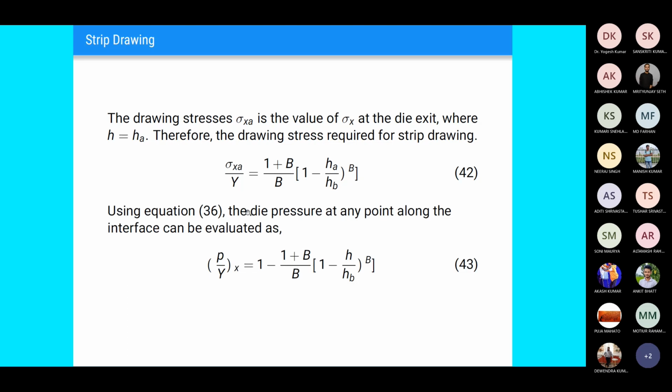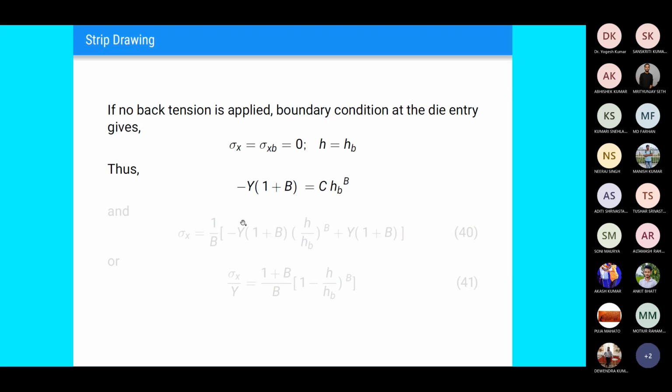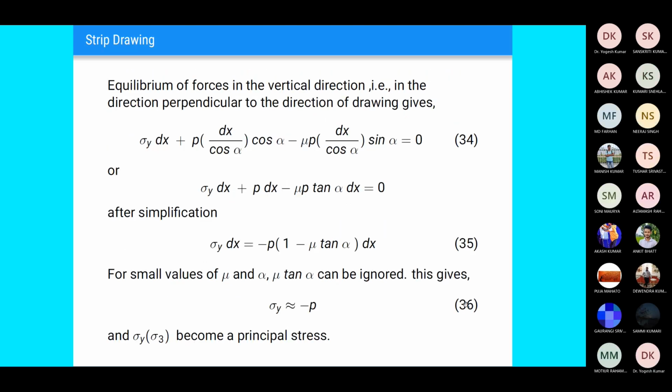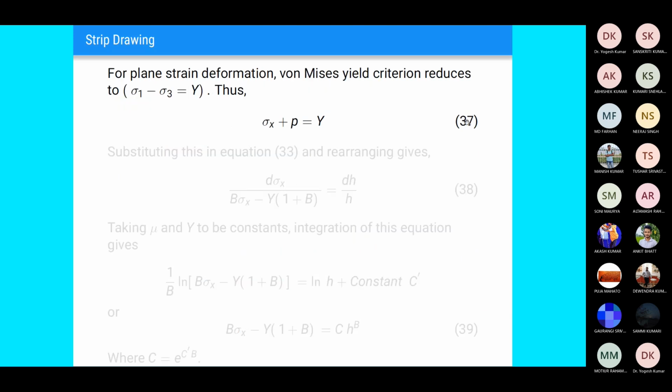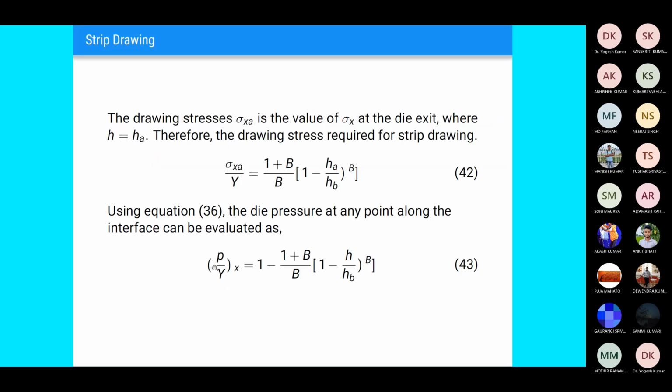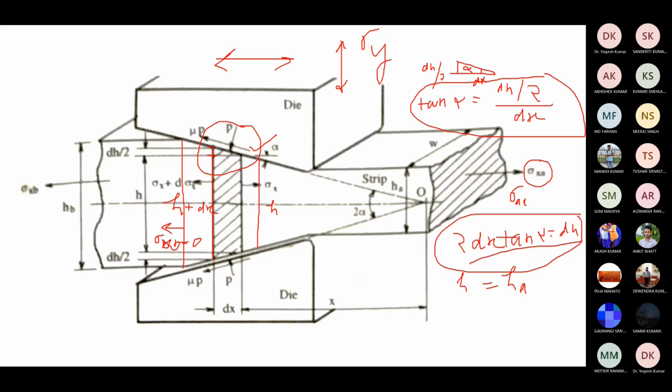Similarly, you can calculate from equation number 36, or using equation number 37, wherever you feel comfortable. You can arrive at the expression for p upon y at any distance x from your virtual vertex.